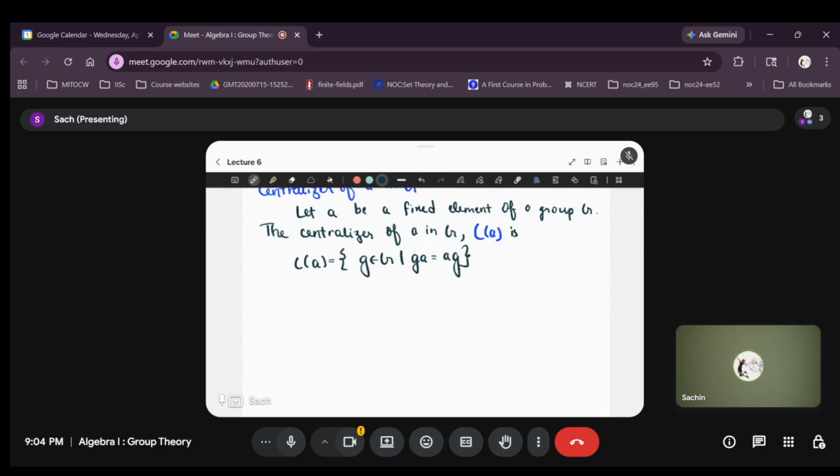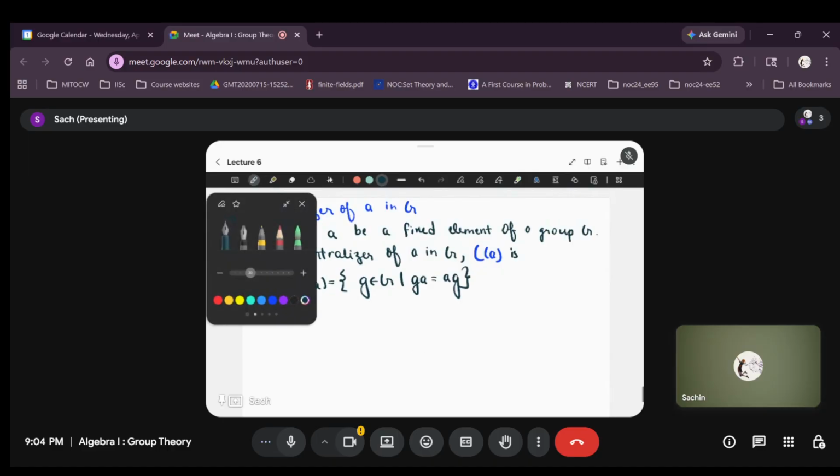Here A is fixed. This is defined for one element A. And the centralizer is a subgroup.